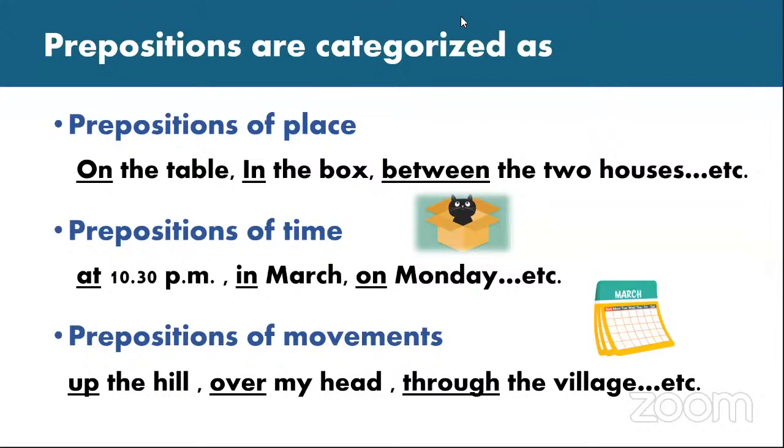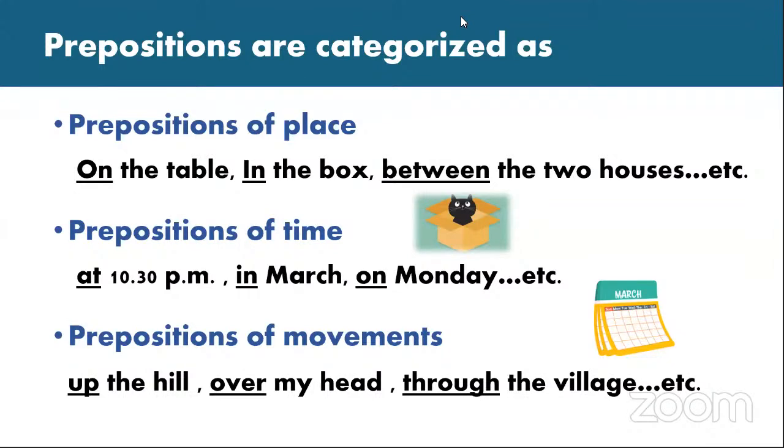I think you can notice the underlined words. What are they? Up, over, through. So they are called prepositions of movements.